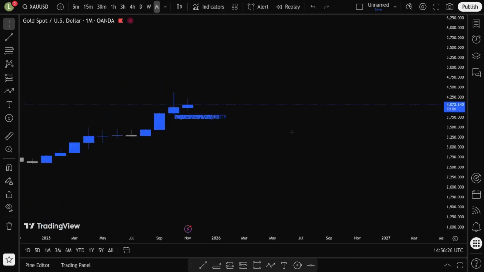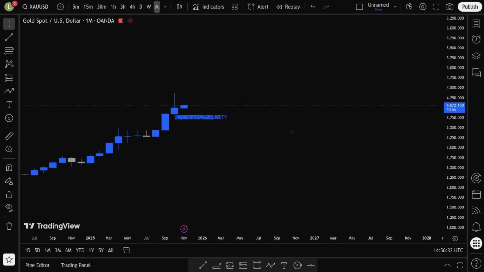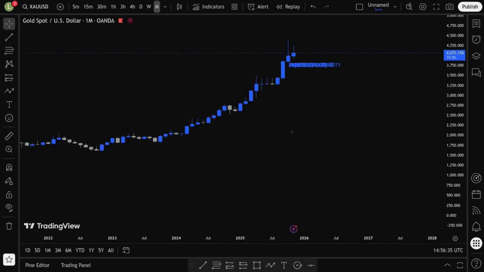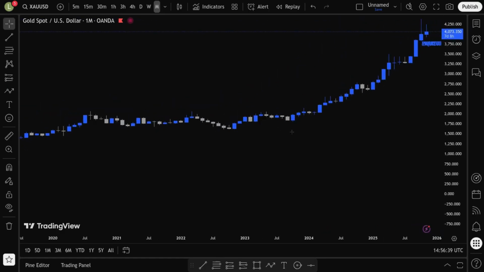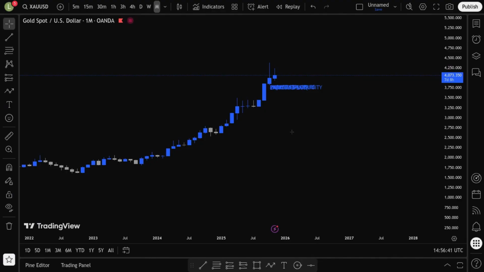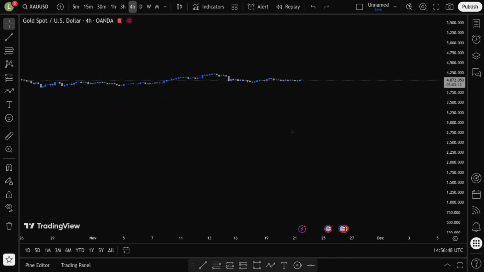So now you know that the XAUUSD market structure is bullish, like gold is just buying. There's a very clear uptrend. Since there's no clear structure here, I'd like to go lower to the 4-hour time frame.